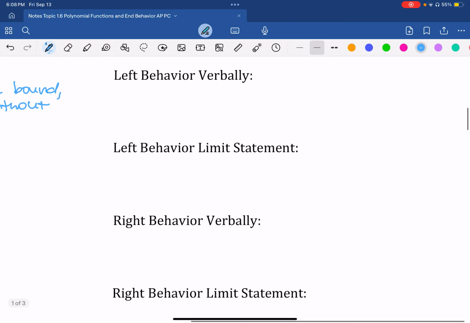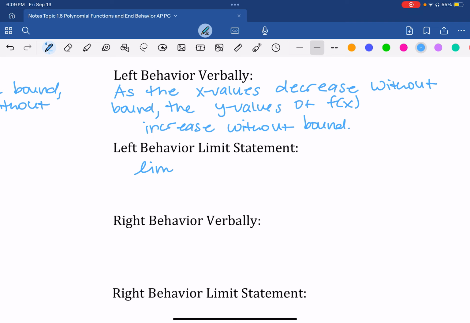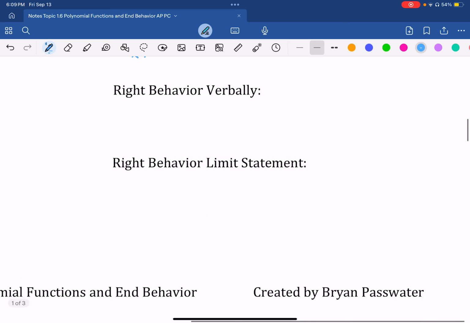So the left verbal statement will say as the x values decrease without bound, the y values of f of x increase without bound. The limit notation would be the limit as x approaches negative infinity, f of x is equal to positive infinity. And it'll be similar for the right side.